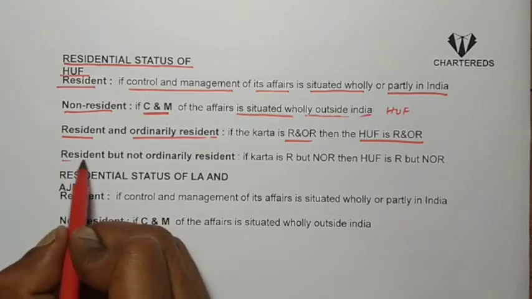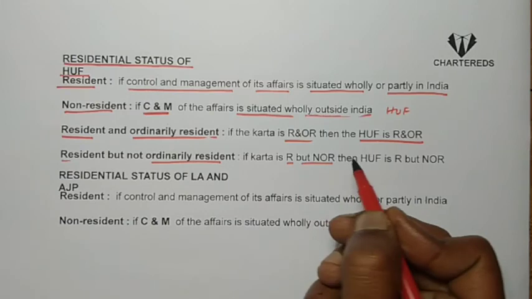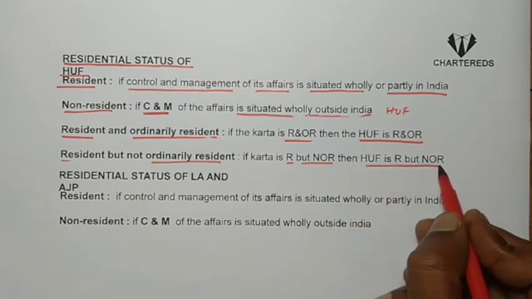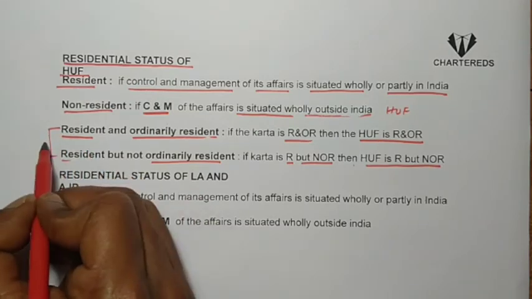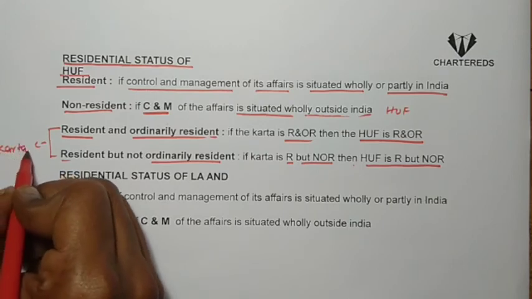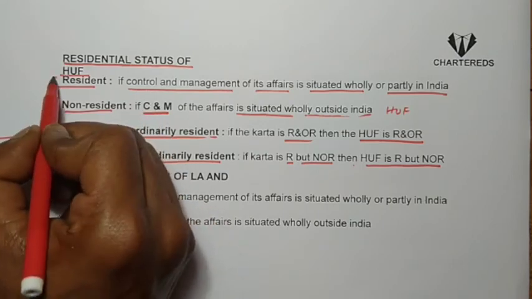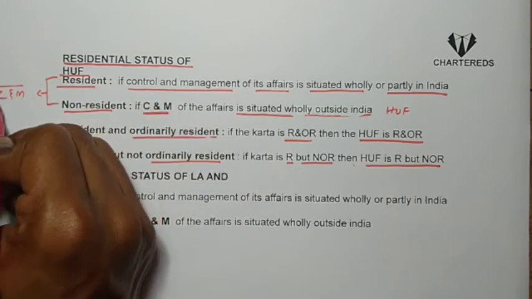If Karta is resident but not ordinary resident, then HUF is resident but not ordinary resident. These both are dependent on Karta, and resident and non-resident depends on control and management.